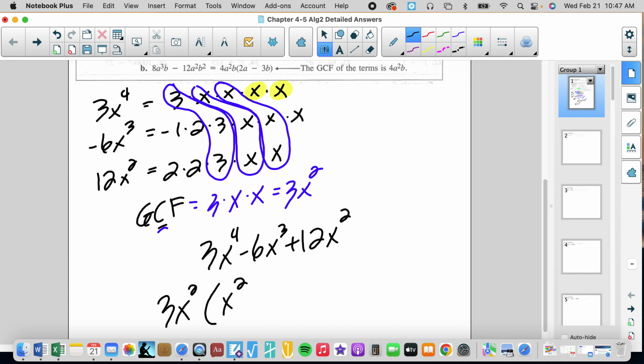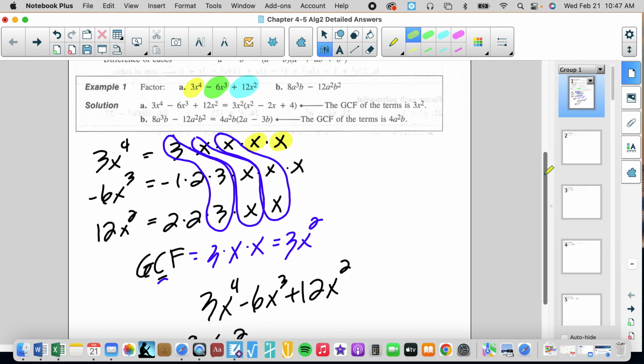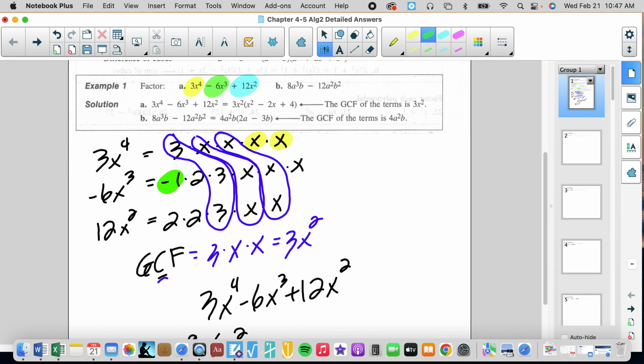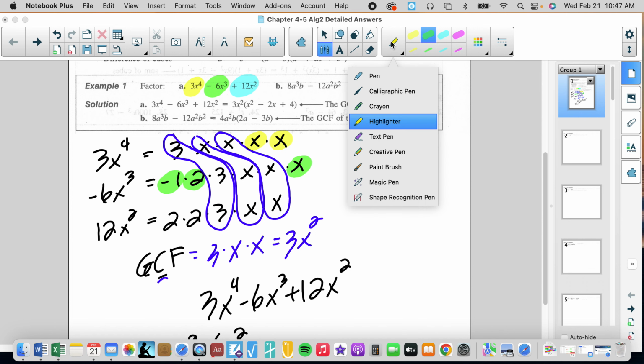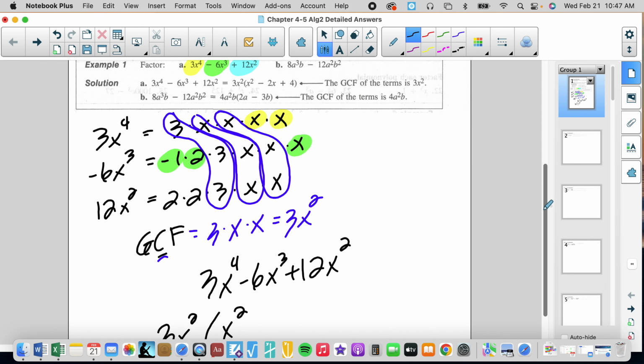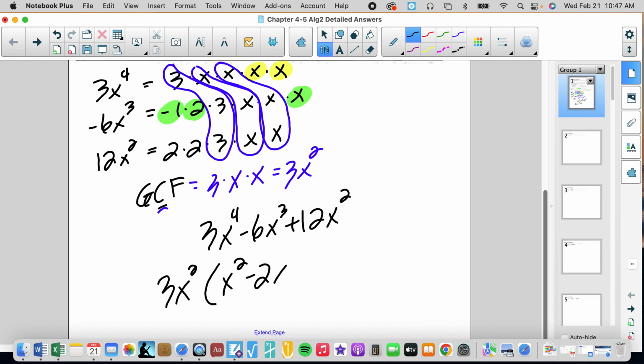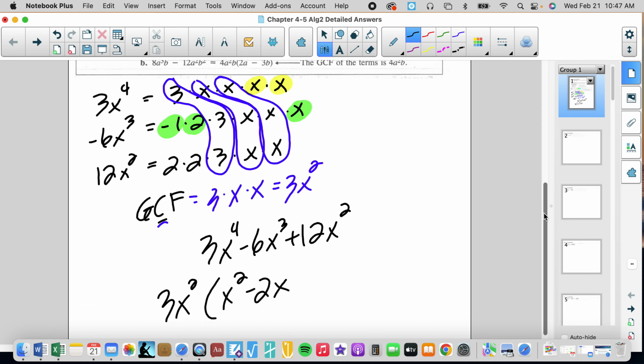That's the cool thing about writing the prime factorization this way. If we want to know what's left, that's negative 1 times 2 times x, or negative 2x. If we factor a 3x squared from negative 6x cubed, we're left with negative 2x.